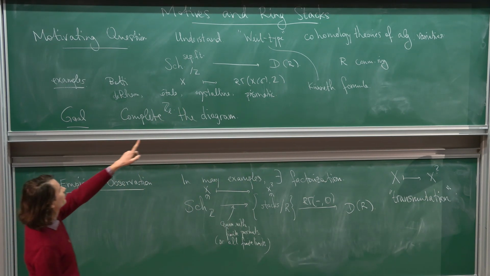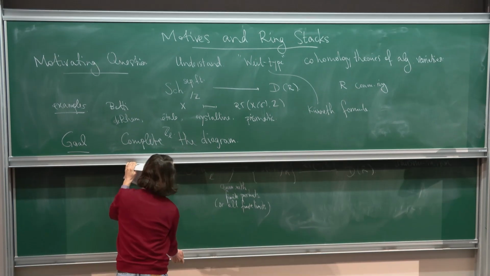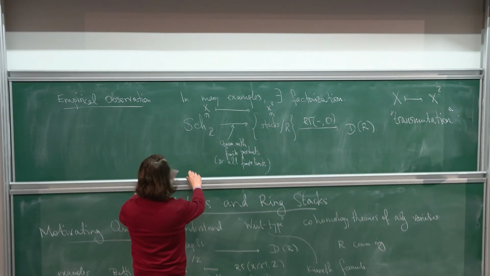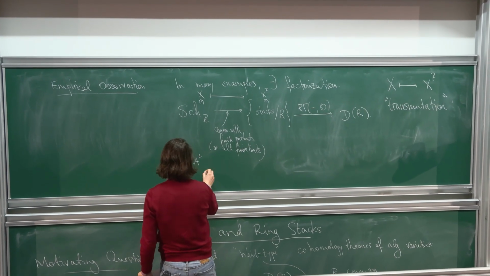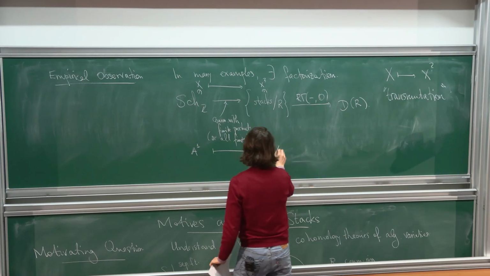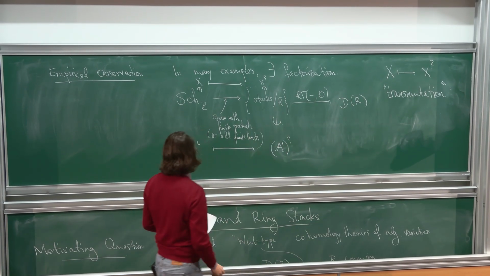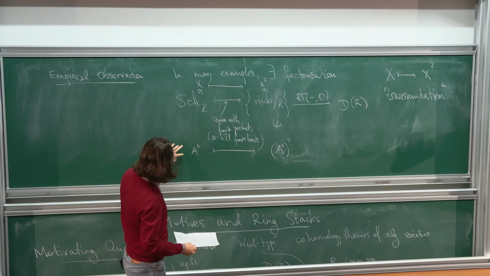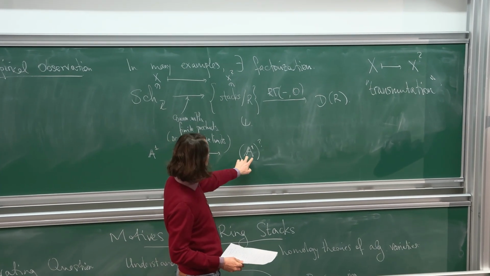Now I can also explain the word ring stacks. Namely, because this is a functor that commutes with all finite products, you can send the affine line here over the integers to some stack here, affine line question mark. But if this functor commutes with finite products, then all the algebraic operations we have on the affine line induce corresponding operations on this thing.